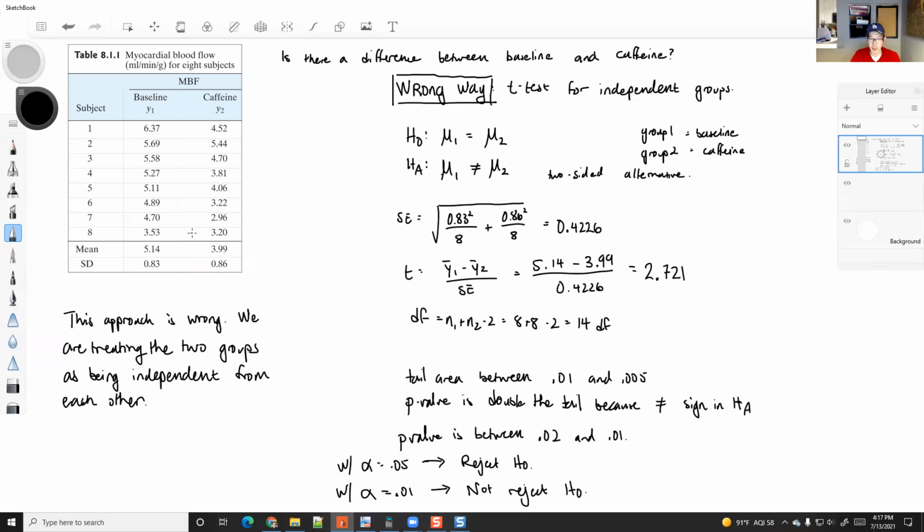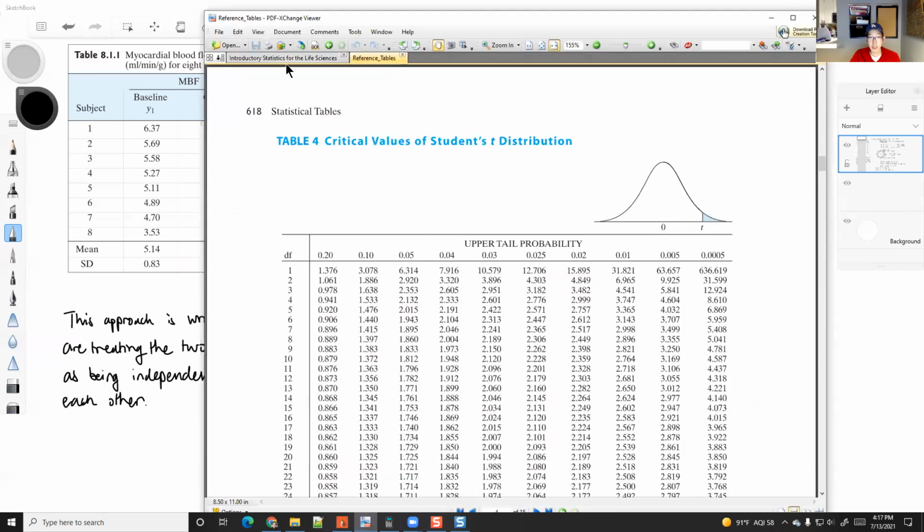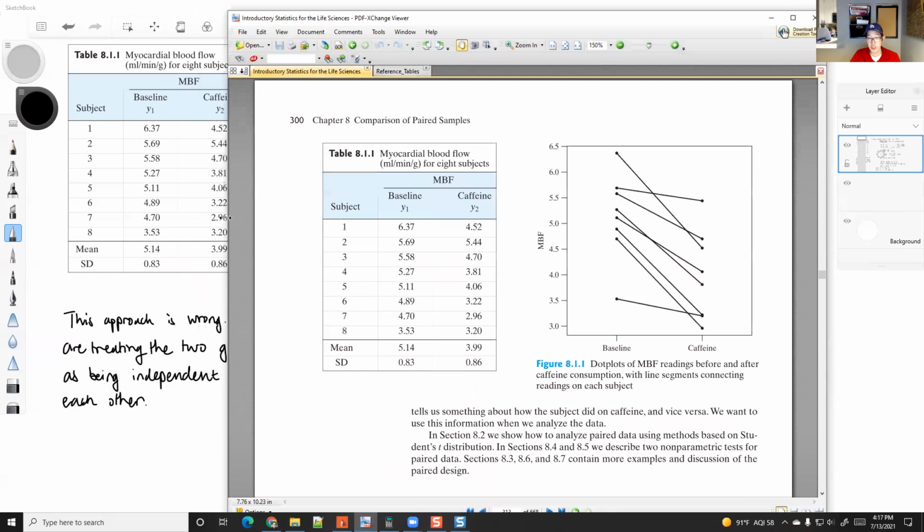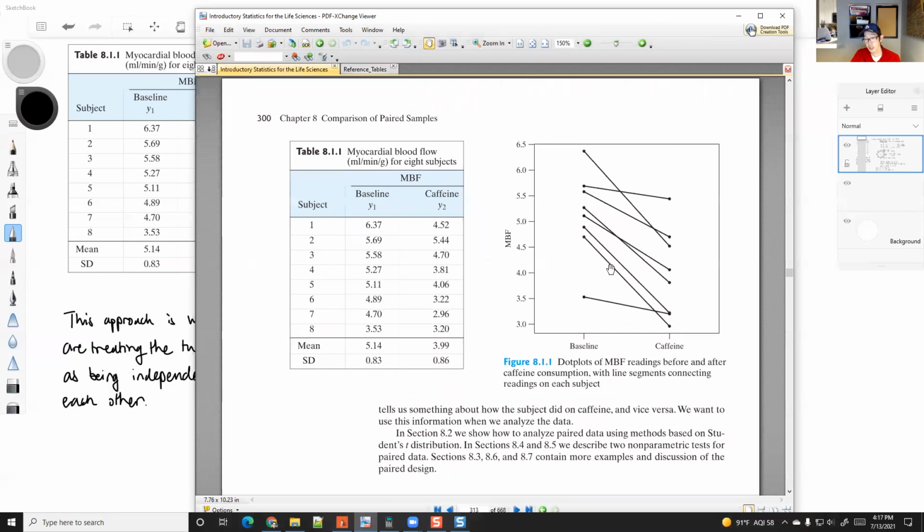We can kind of see this when we look at the corresponding chart here, right? Caffeine doesn't affect everybody in exactly the same way. So for some lines, the change is steeper. Here was subject 1, and the drop was fairly dramatic, and here are some of the other subjects, and their drops perhaps not as dramatic.